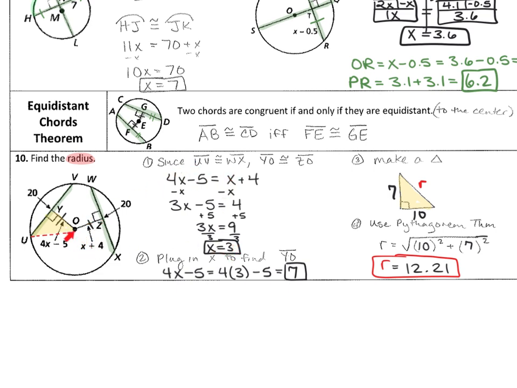Once I get x, I can use it to find the distance YO by plugging it in, which then creates a cute little triangle with a height of 7, a flat line of 10, and a radius that's missing. That's over here. Then we use Pythagorean theorem to solve for that radius, just by sticking those side lengths of the triangle into the Pythagorean theorem itself.